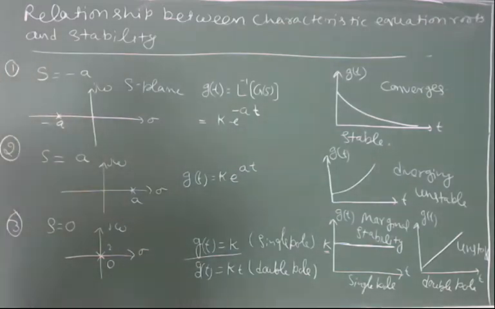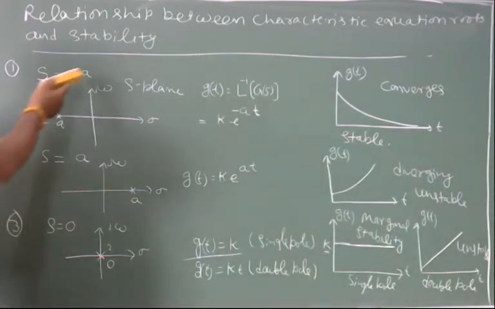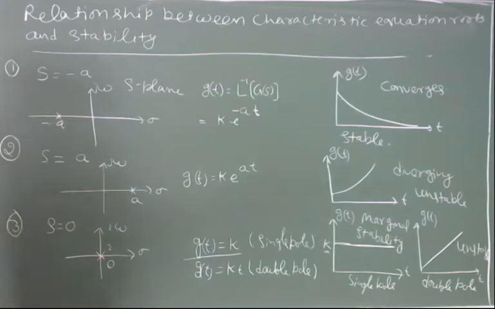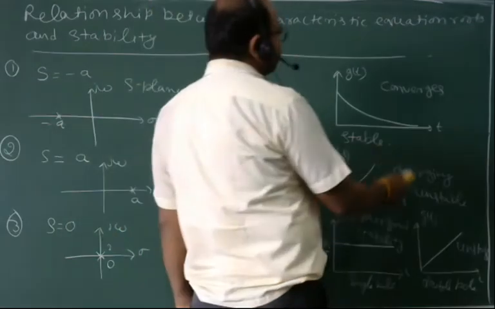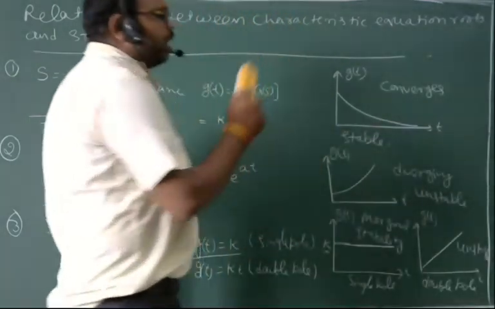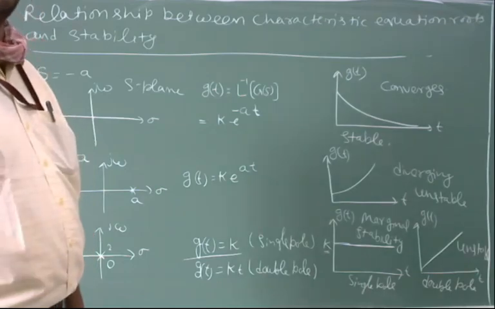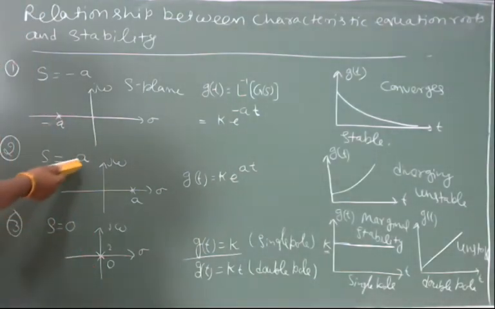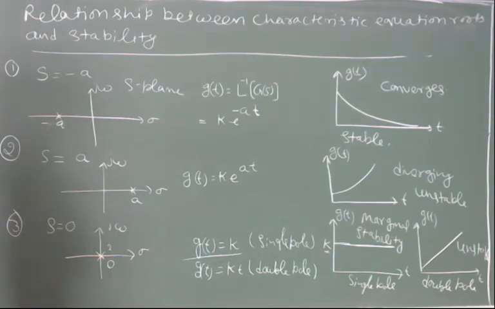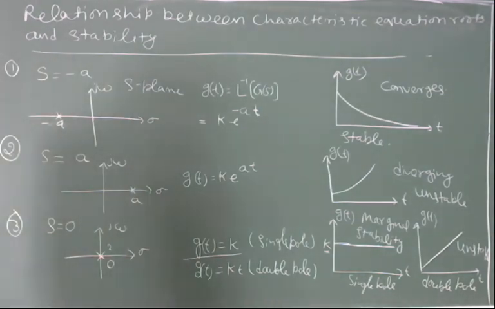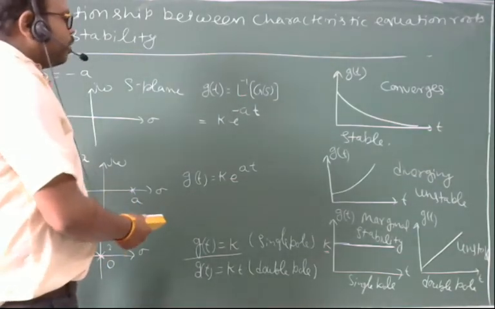So the first three cases are as follows. S is equal to minus A, meaning the poles are at the left of the S plane. In that case, the graph is converging and the system is stable. Second case, a real pole in the right half of S plane.